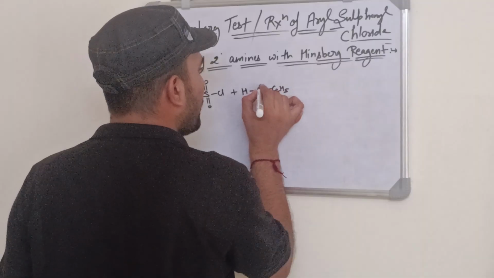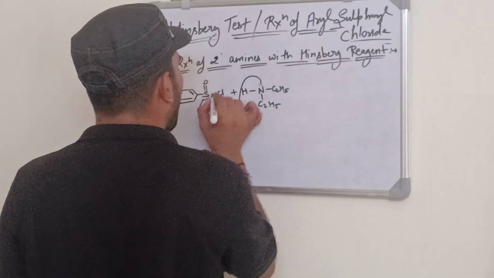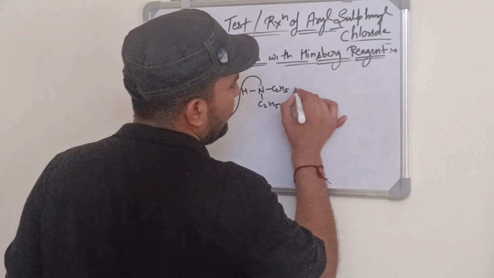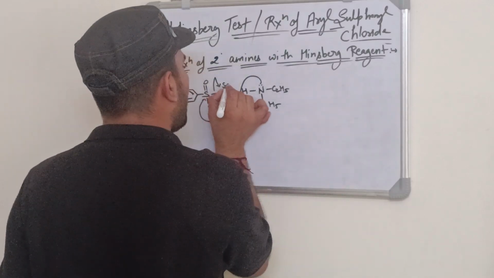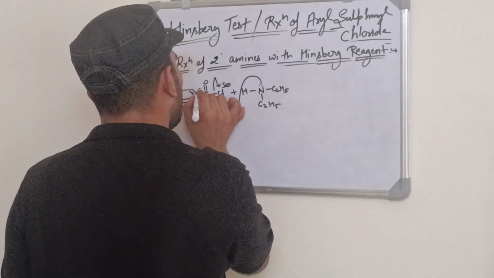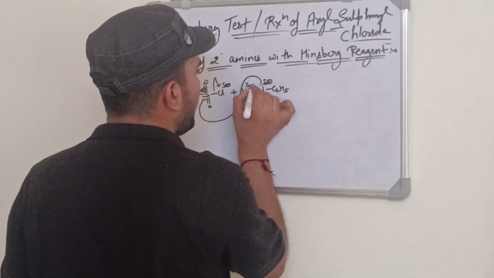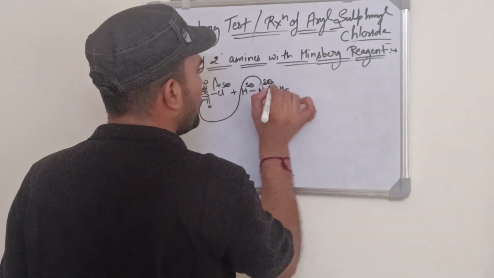So you know the lone pair of nitrogen attacks this sulfur and merges with this side. From here our HCl will be removed. It will attain partial negative, and here partial positive, and similarly here partial positive and partial negative.